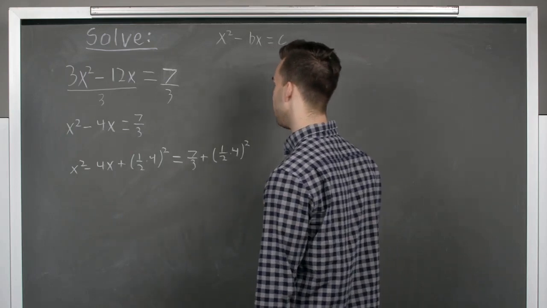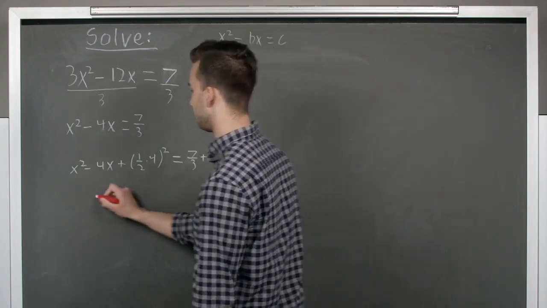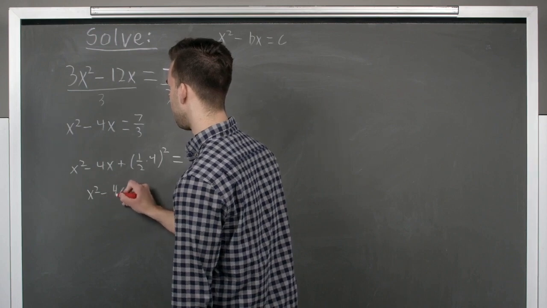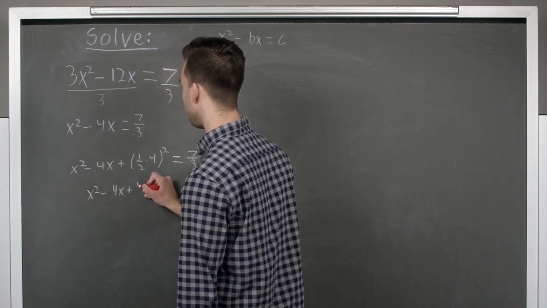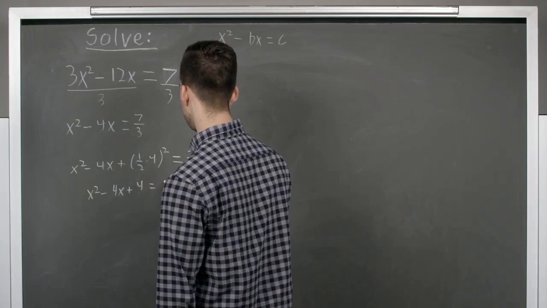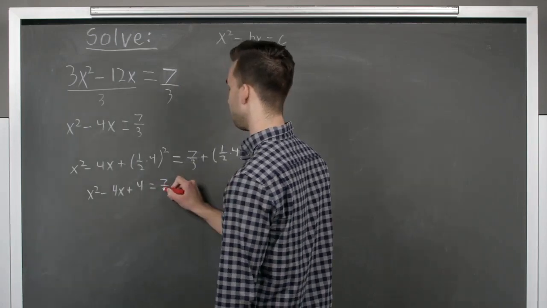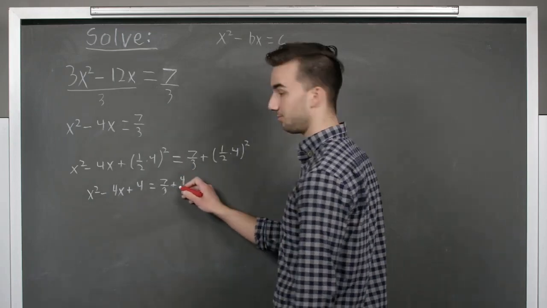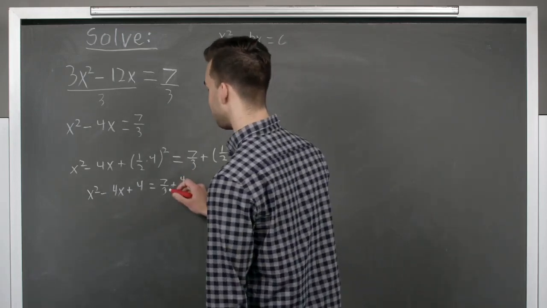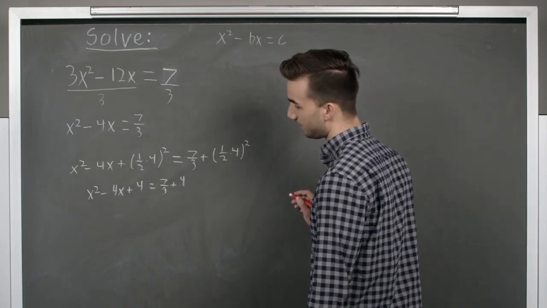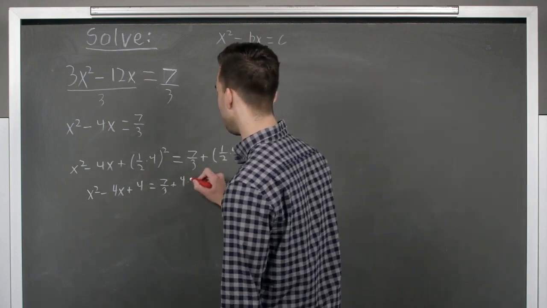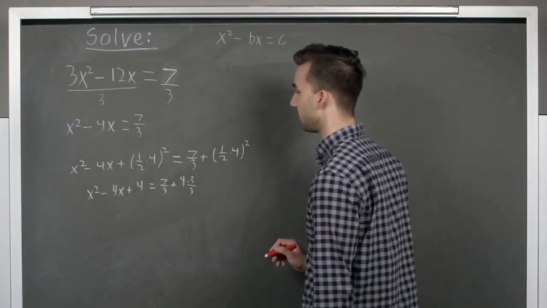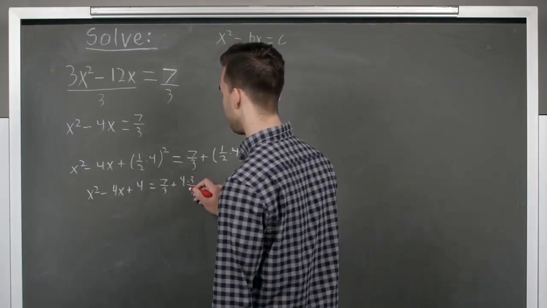So we can rewrite this as x squared minus 4x plus 4 equals 7 divided by 3 plus 4. If we want to simplify this, we just need to multiply by the least common denominator, which is 3 over 3, right? We're just multiplying by 1.